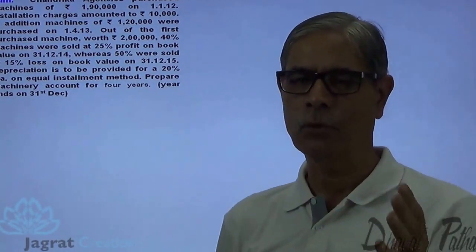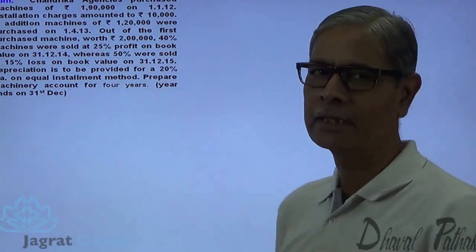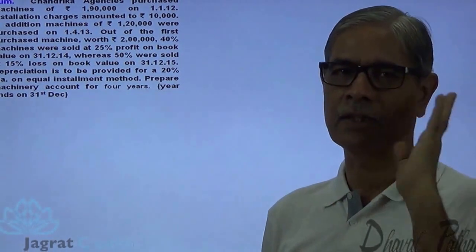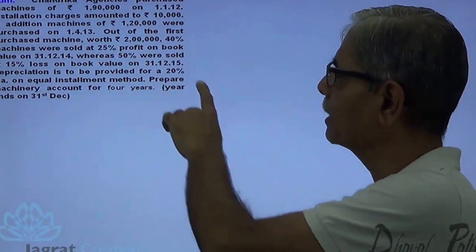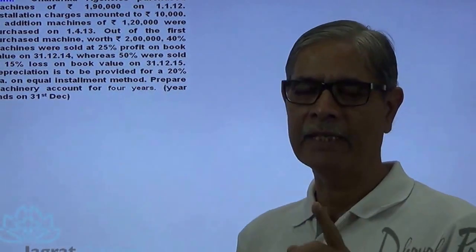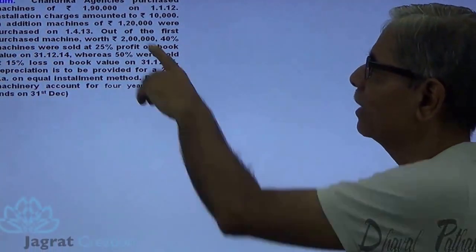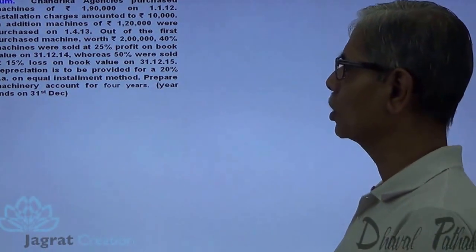So 2012, 13, 14 and 15, this 50% is used for 4 years and this 40% is used for 3 years. And the remaining 10%, 40 and 50, 90, 100 minus 90, 10% is not sold. And the other machine purchased is also not sold.